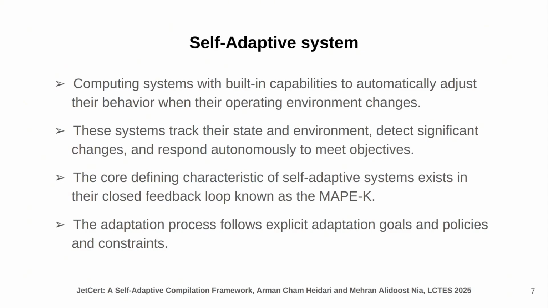These systems track their state and environment, detect significant change, and respond autonomously to meet objectives. The core defining characteristic of self-adaptive systems exists in their closed feedback loop known as the MAPE control loop. The adaptation process follows explicit adaptation goals, policies, and constraints.